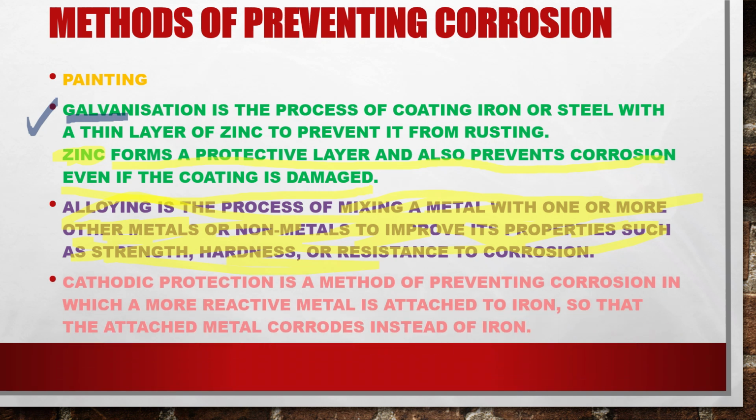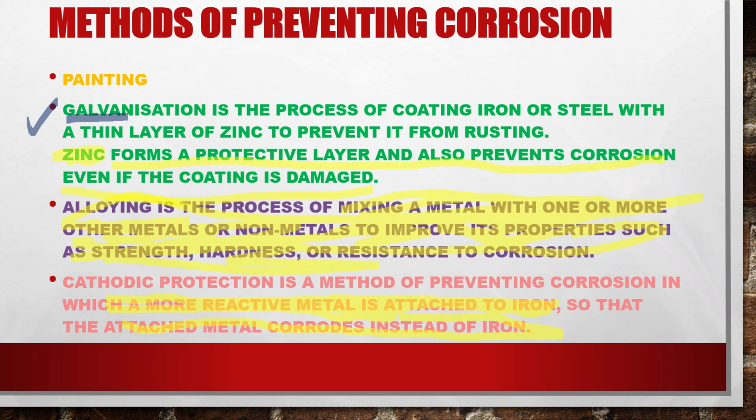Okay, now one more is there, you can write this also. Cathodic protection is a method of preventing corrosion in which a more reactive metal is attached, like using an electrolysis process. Iron is coated with any other more reactive metal, so that the attacked metal corrodes instead of iron.